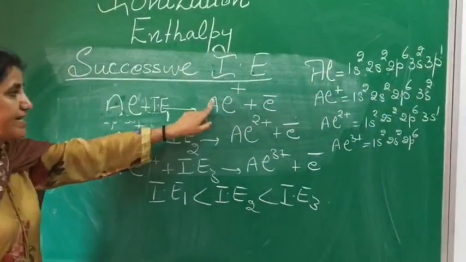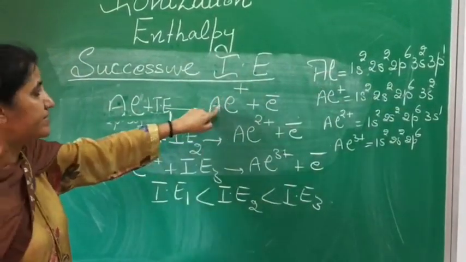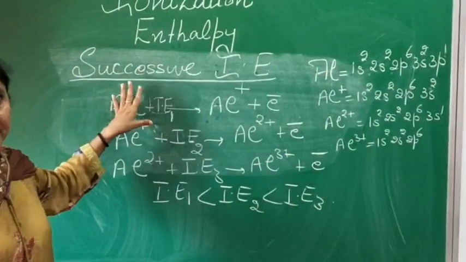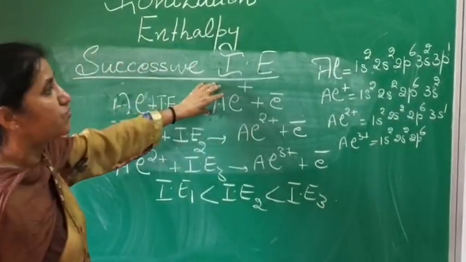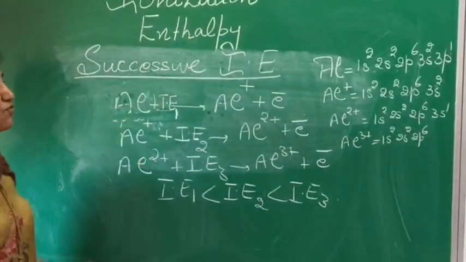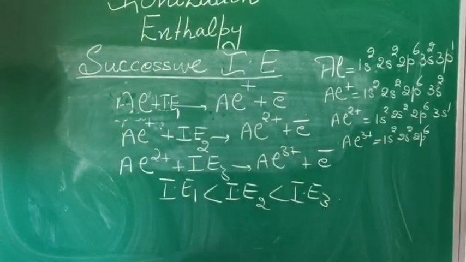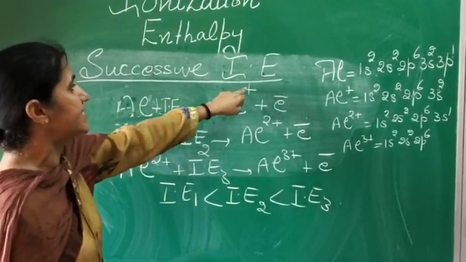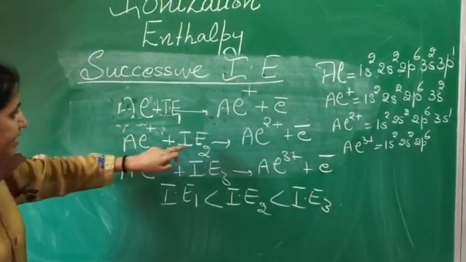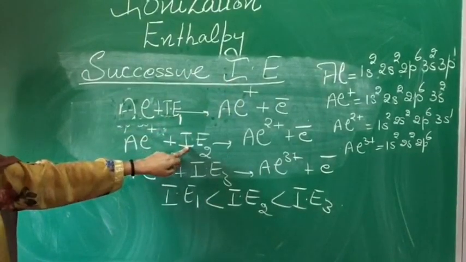Now since one electron is being removed here, but the protons remain the same, the hold of the protons on the remaining electrons will increase, due to which the force of attraction will increase. Now if you have to remove an electron further from this Al positive, more ionization energy is required.